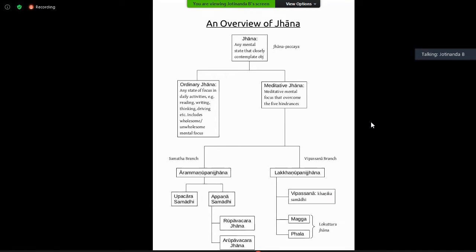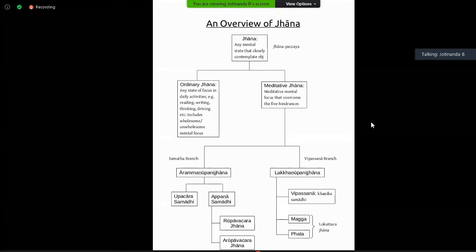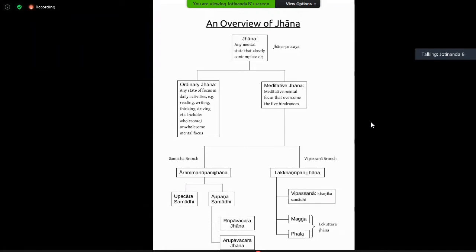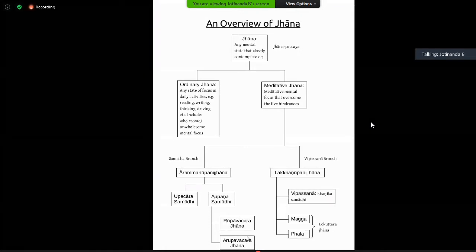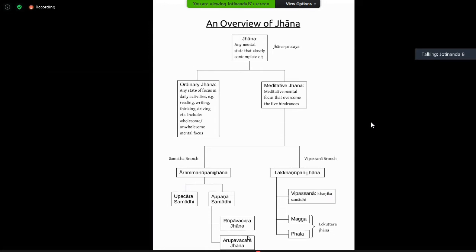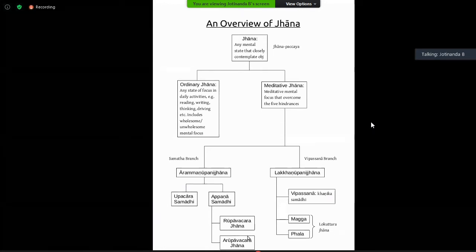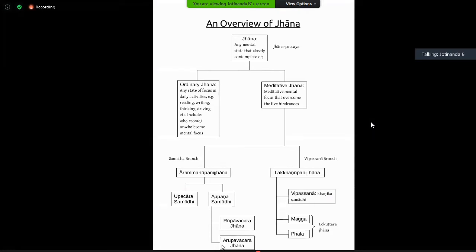So this is jhana that takes as its object the infinity of space, infinity of consciousness, nothingness, and the jhana that is neither perception nor non-perception. So these are the four immaterial jhanas. As you said, usually when you think of jhana, you think of these two, rupavacara and arupavacara.